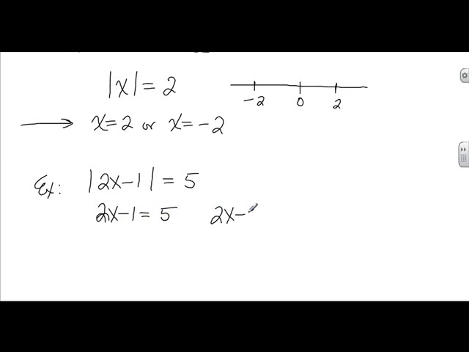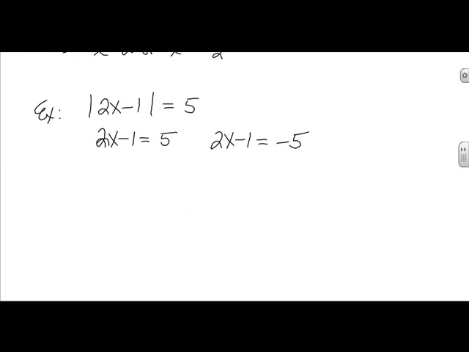So start by rewriting the equation without absolute value symbols. That gives you two simpler equations that you can then solve for x. One solution is x equals 3. Let's see, 2x is equal to negative 4, and the other solution is x is equal to negative 2.